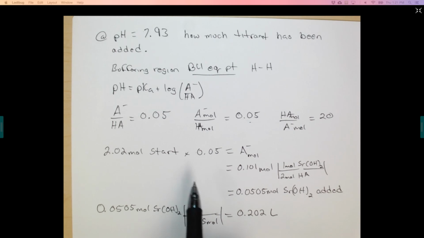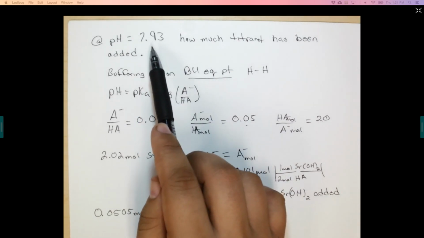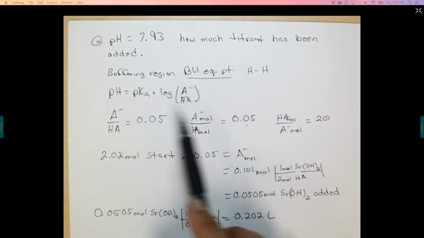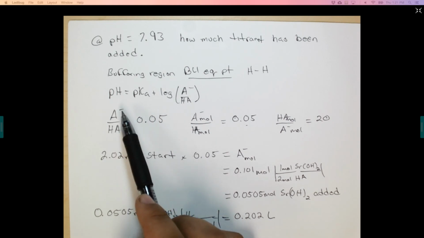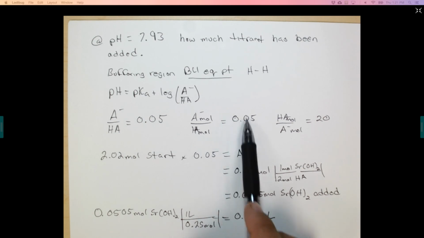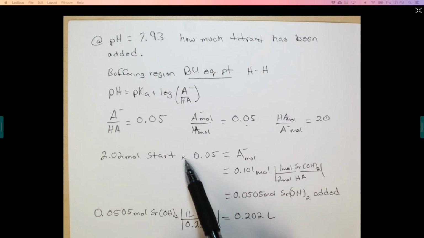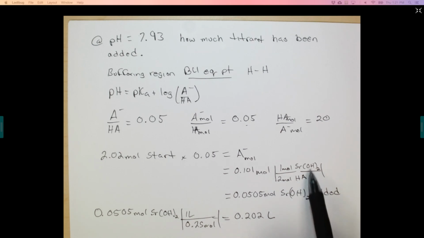So this is how to use the calculation and back calculate. We started with the pH of our solution and asked how much titrant we had added. Knowing we're in the buffering region, we have about 5% of our HA converted to A minus. That is what I've shown here, the number of moles. Because of that, I can multiply by that value to get how much was converted and convert that using the stoichiometry of the original reaction, realizing that this is 2-to-1.